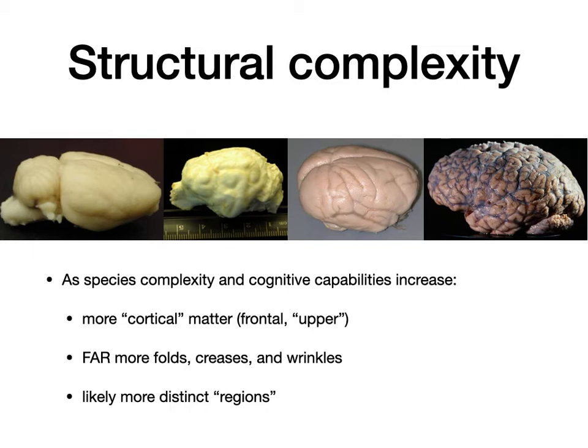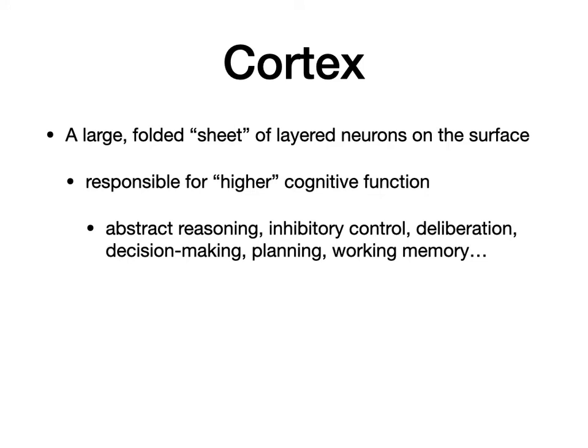So let's talk about some of these different regions of the brain. Different levels. The cortex level. This is a large folded sheet of layered neurons on the surface. This is the stuff that we typically think of as responsible for higher cognitive function: abstract reasoning, inhibitory control, so being able to pull back on an automatic response, deliberation, decision making, planning what actions will come in what sequence, holding things in working memory.